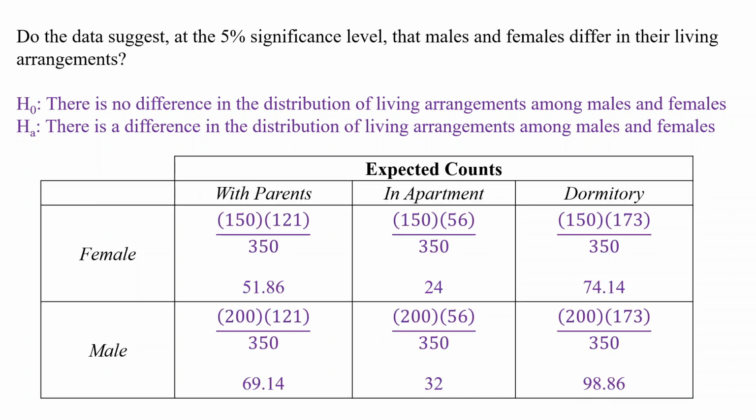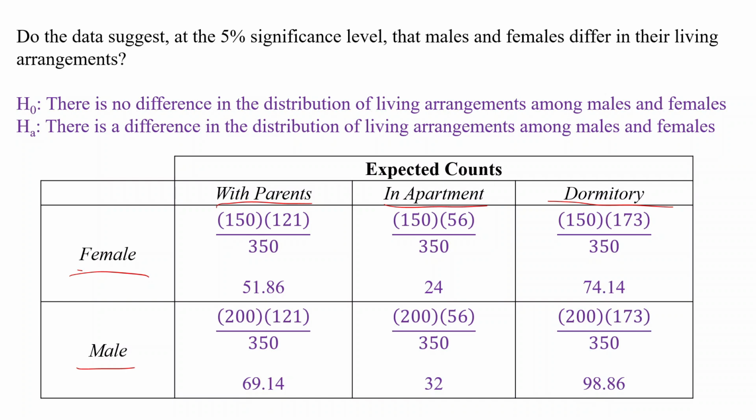And our expected counts, I put them here, but we've already found them. Okay, I put the work as well just to remind you of the row total times the column total divided by the table total. But if you just make a table, label the table, make sure that you fill in the female, male. I always just copy down the same table that they give in the problem, and I leave out the totals because I don't care about the totals when it comes to my expected counts.